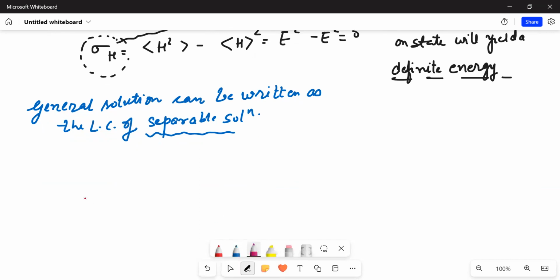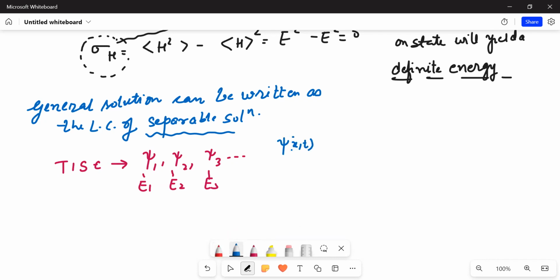So what I want to convey is that we solve the Schrödinger equation and get solutions like psi1, psi2, psi3 and so on, with energy eigenvalues E1, E2, E3, En. The Schrödinger equation has the property that even if there are infinitely many solutions, all these linear combinations are solutions. This can be attributed to the linearity of the Schrödinger equation.